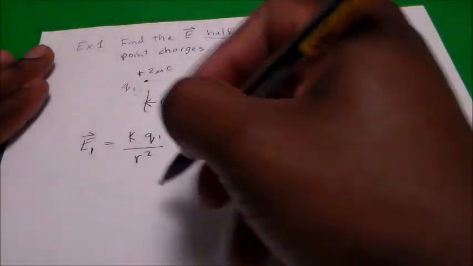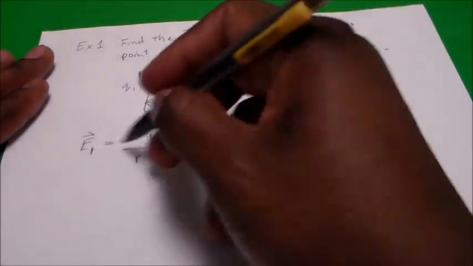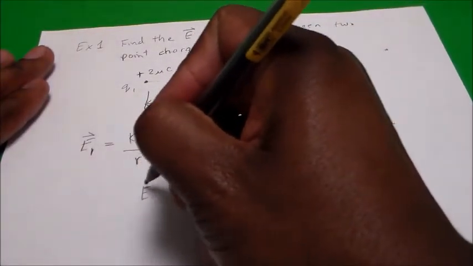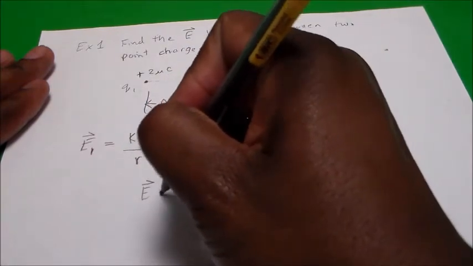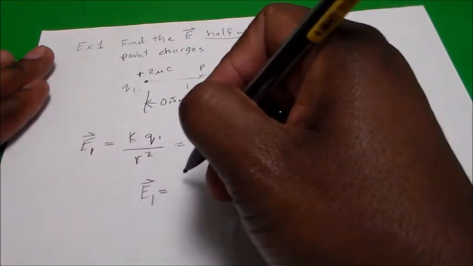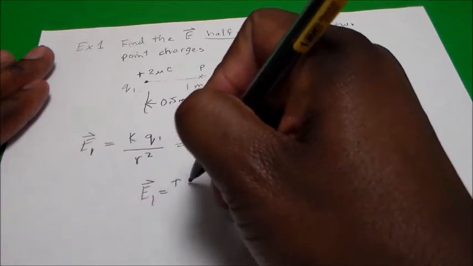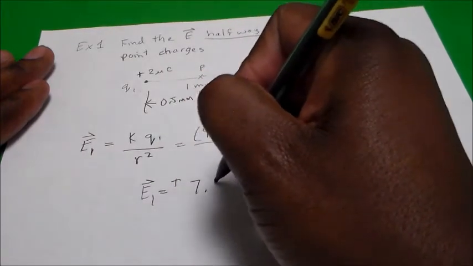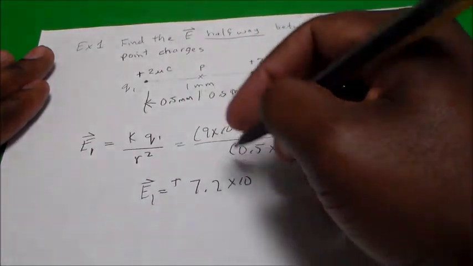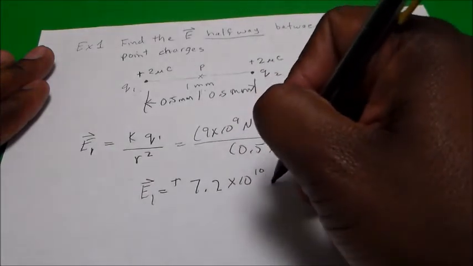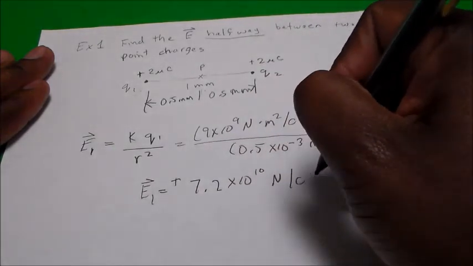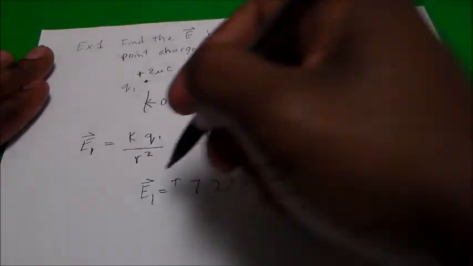If we calculate this out, and I already calculated this, we end up with a value of positive 7.2 times 10 to the 10th newtons per coulomb in the x direction.